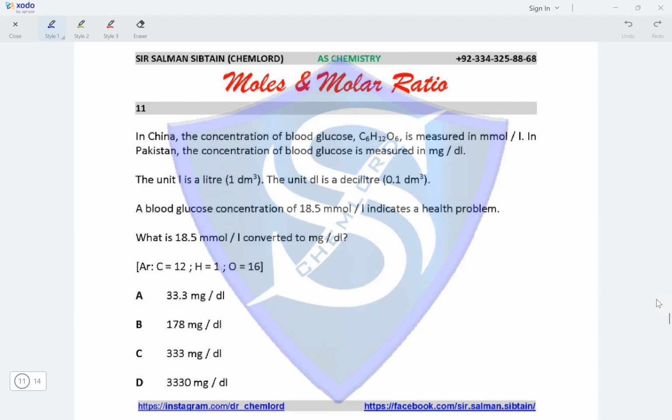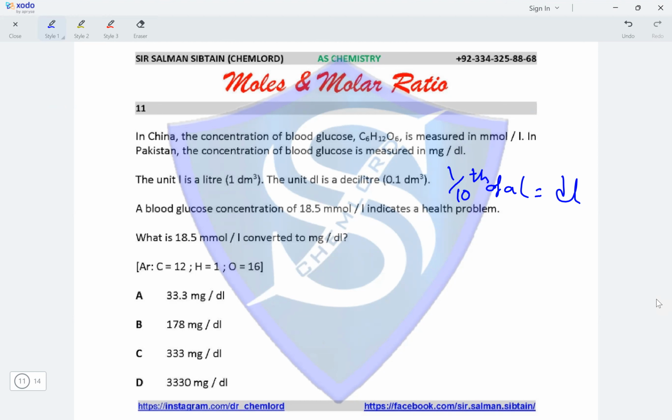The unit liter is equal to 1 dm cubed and the unit deciliter is equal to 0.1 dm cubed, which means deciliter is 1/10 of a liter. Okay. A blood glucose concentration of 18.5 millimole per liter indicates a health problem. What is 18.5 millimole per liter converted to milligram per deciliter?